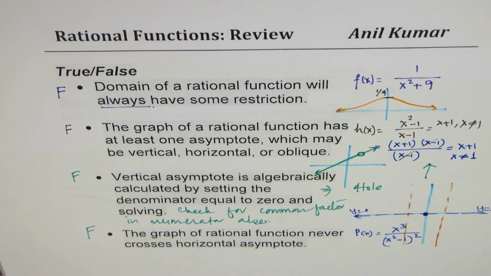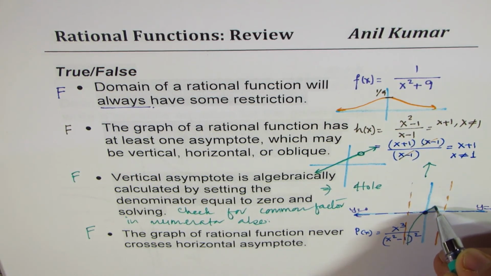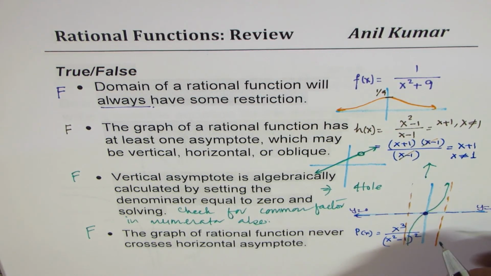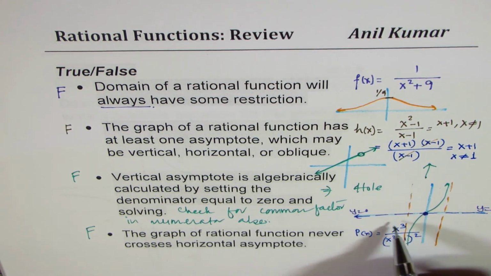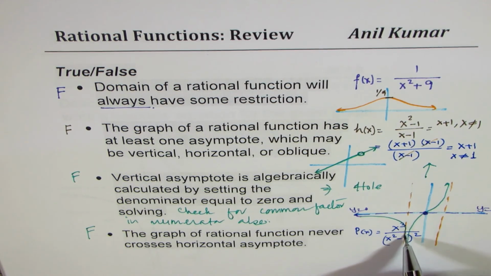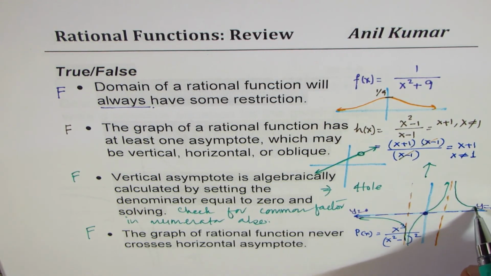And if you really sketch this graph, how do you get it? With all that you've learned, this is a cubic, right? So it'll go kind of like this. If x is large negative, the denominator is always positive, so in this particular case it'll be negative. So it'll be kind of like this. And on the other half, when it is positive, everything is positive. So it's kind of like this.